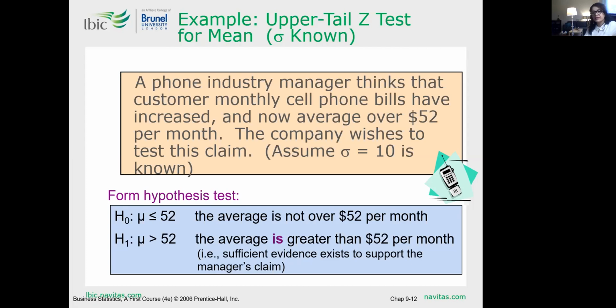So we find out quickly that this is one tail. When we say over, we mean greater. Then we can say the population mean greater than 52 is our assumption, or alternative hypothesis. Then whatever is not in this interval is going to be in the null hypothesis.